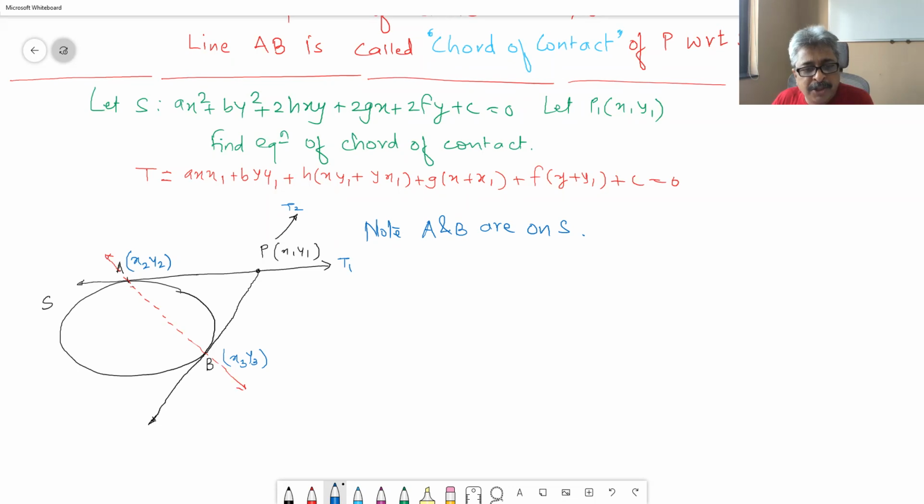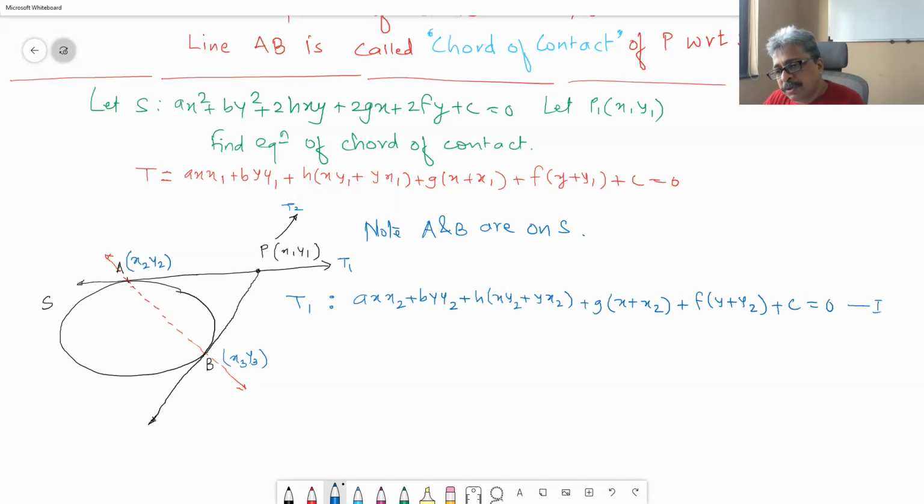Equation of tangent 1 will be ax x2 plus by y2 plus h into (x y2 plus y x2) plus g into (x plus x2) plus f into (y plus y2) plus c is equal to 0. This is the equation of T1.